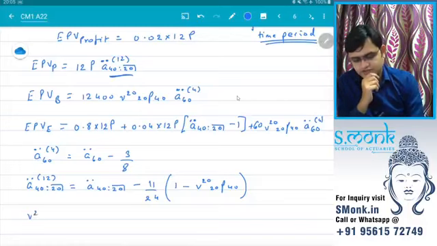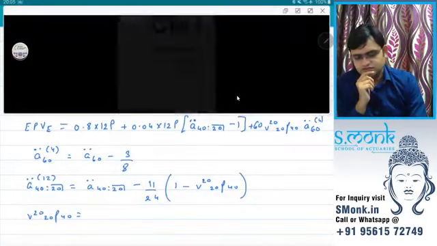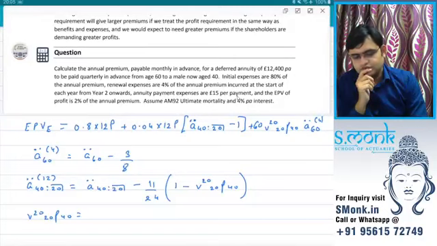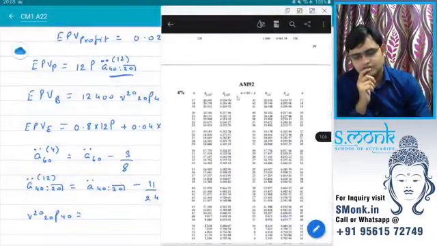So we'll calculate v raised to 20, 20p40 separately. Again, I think we are talking about 4% ultimate mortality, so I would prefer taking D values.